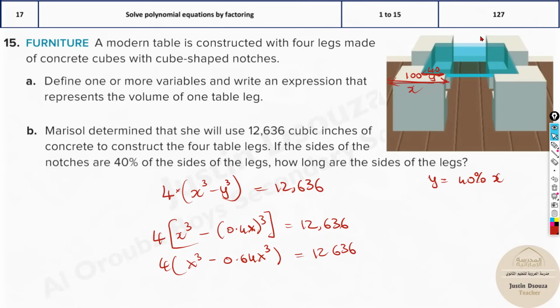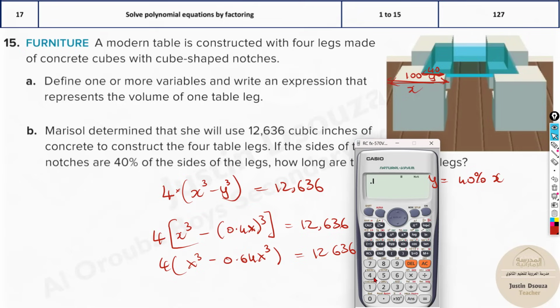Let's use our calculators now. Let me just check this. I am sorry, it is not 0.64, it's 0.064, because when you cube it, the decimal moves. Okay, it should be 0.064, my bad.